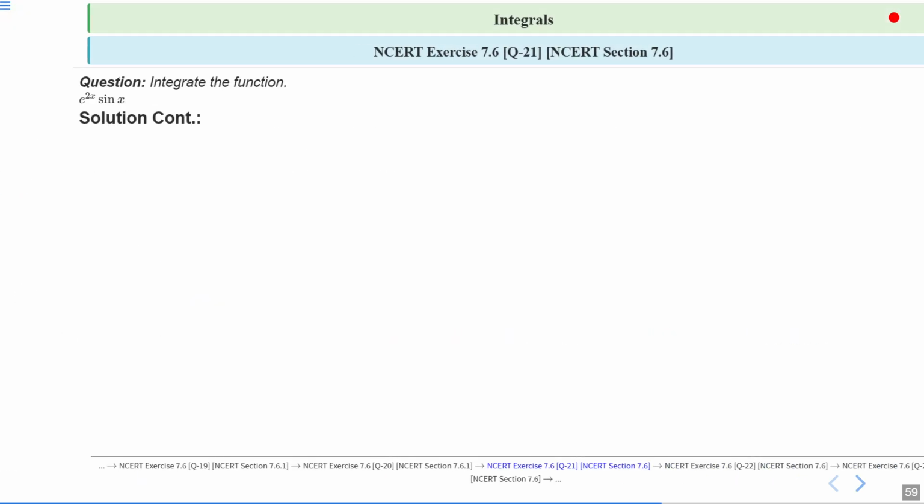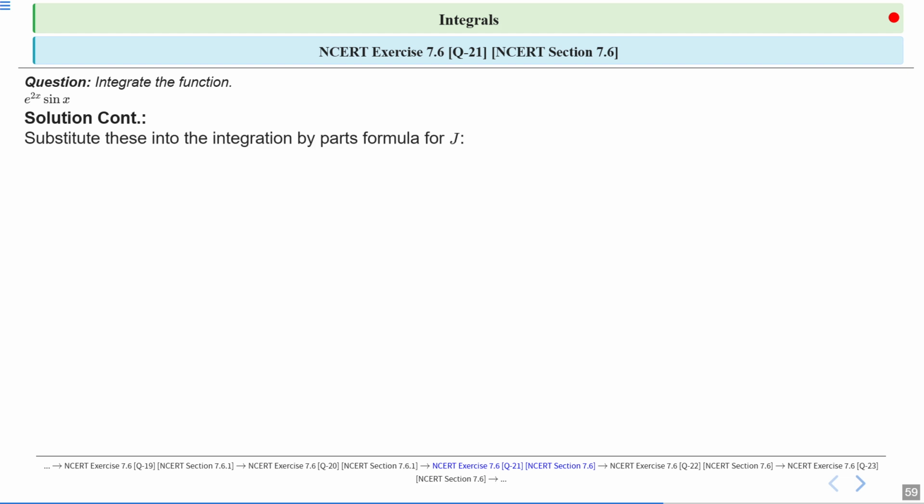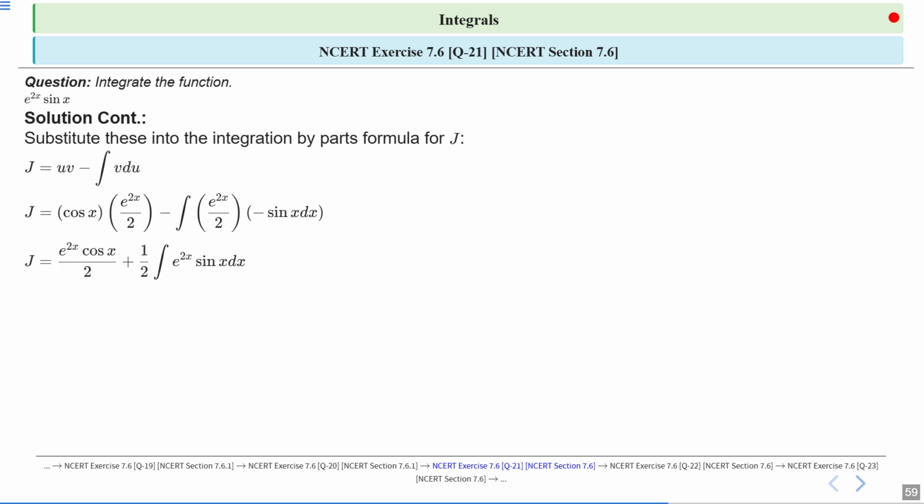Substitute into the integration by parts formula to find J, that is uv minus integration of v du. So cos x into e^2x by 2 minus integration of e^2x by 2 into minus sin x dx. Simplify it, we get e^2x cos x by 2 plus 1 by 2 integration of e^2x sin x dx.